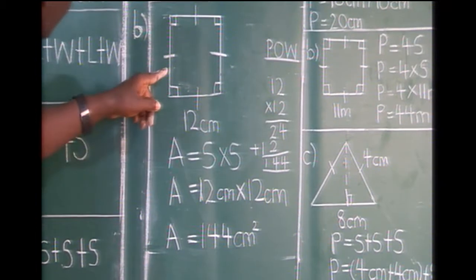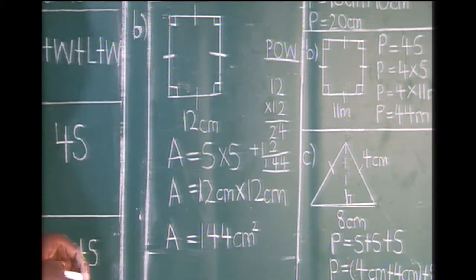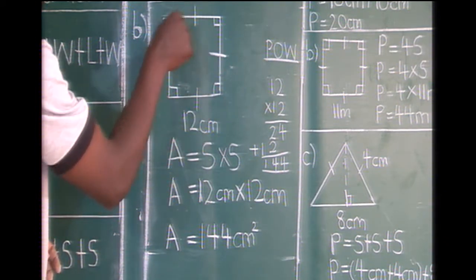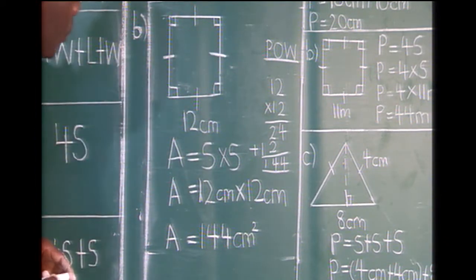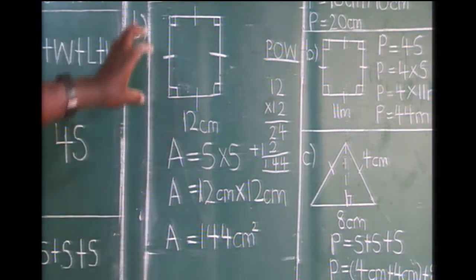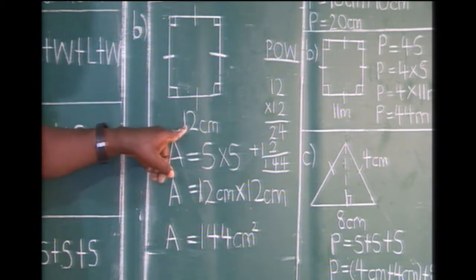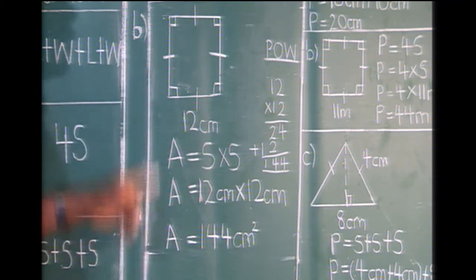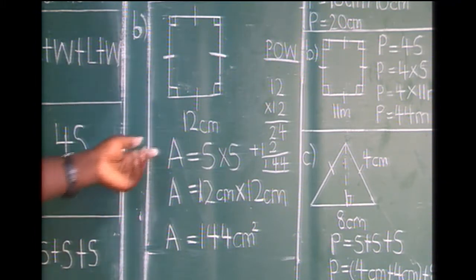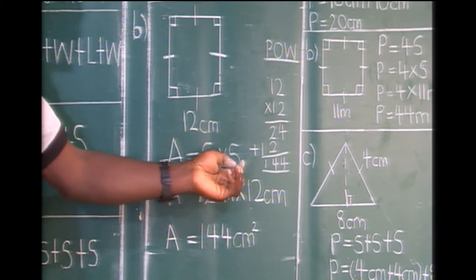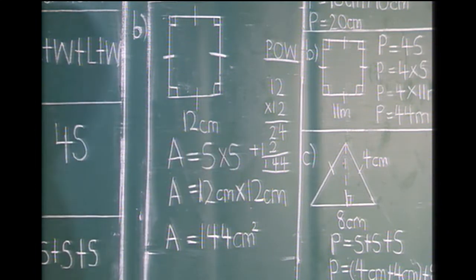So we see that this is a four-sided polygon where they have marked here 1, 1, 1, 1 around, meaning all sides are equal. Then this shape is actually a square. If it is a square with each side measuring 12 centimeters, then we can proceed on to finding the area. Area of a square, as I said before, is equal to side times side, whereby each side measures 12 centimeters.